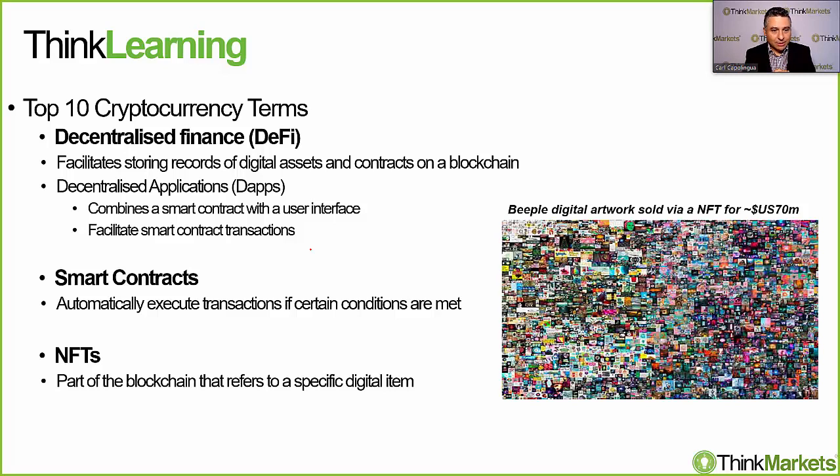Having a look at some of these other terms here, we're pretty close to the end of these. Decentralized finance, shortened to DeFi, facilitates really any sort of financial transaction that you're used to today, but doing it on the blockchain, using blockchain technology.